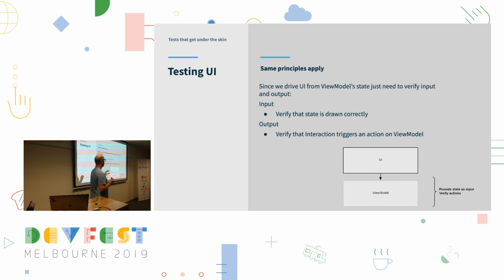Now, if we input state into our UI, we can verify that the UI draws correctly. And whenever we interact with the UI, we can verify that they trigger the correct interactions on the view model. We don't actually need to test all of this in combination.